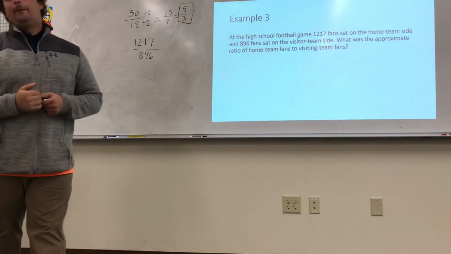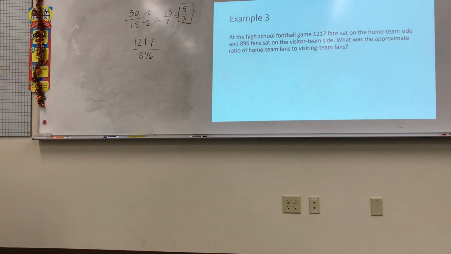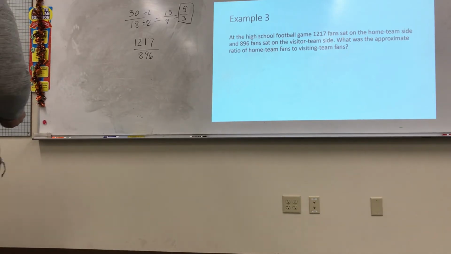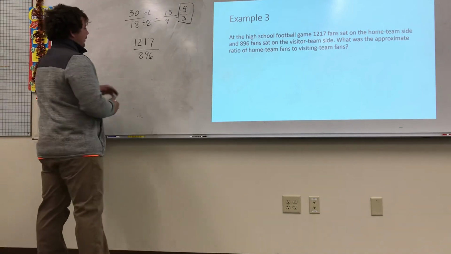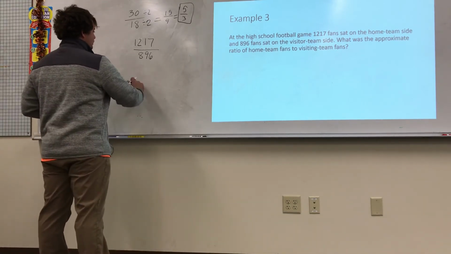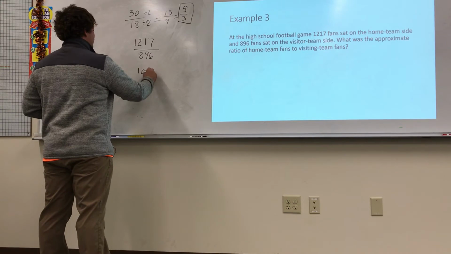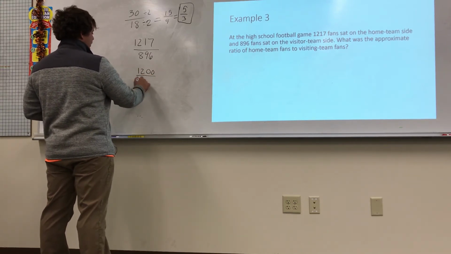Okay, this one's a little more difficult. You probably don't know how to round this one, or don't know whether you can take anything out of this. Some numbers that you might know: this is pretty close to 1,200. You're just 17 people over, so we're going to round it so we kind of know a ratio of home fans to away fans.